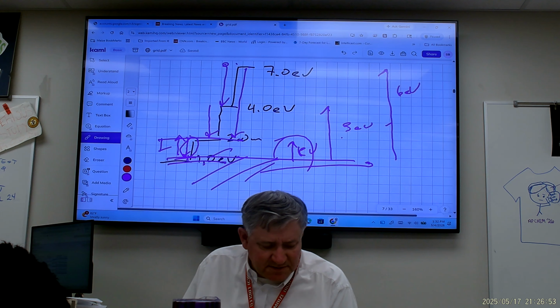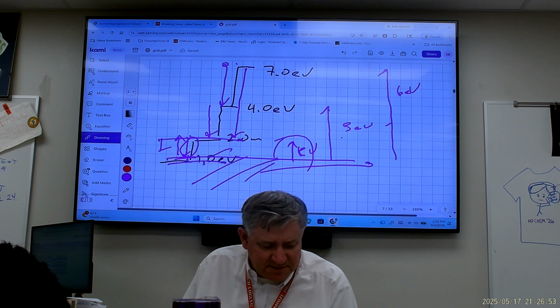But by having uncertainty in the velocity, what other physical quantity do you have uncertainty in? Momentum. Okay? You also have uncertainty in the momentum, because momentum is mass times velocity.